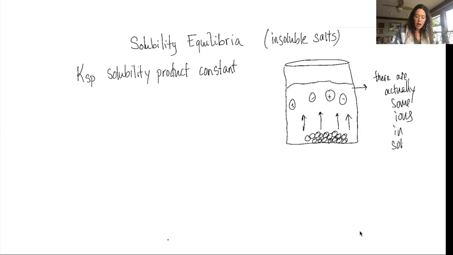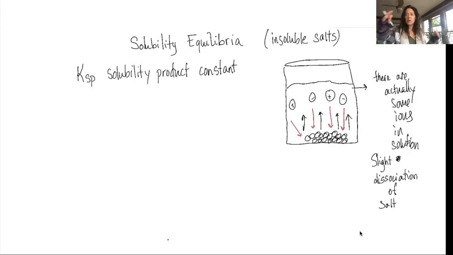Right, so what we've had is some slight dissociation of salt. Remember, salt is an ionic compound. Because there's a slight dissociation, what we have is an equilibrium system. And as some ions are ionizing, they're constantly going back to the solid, right? It's just the rate is constant so that the concentrations are constant.